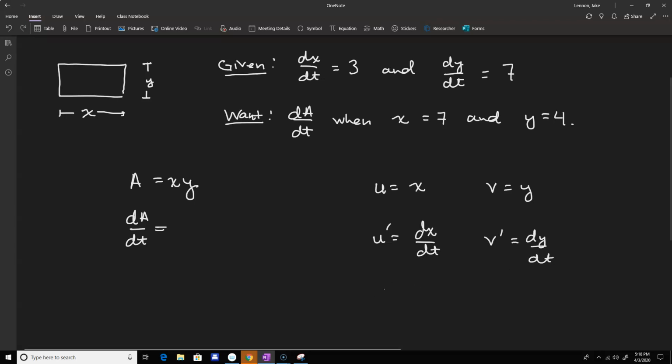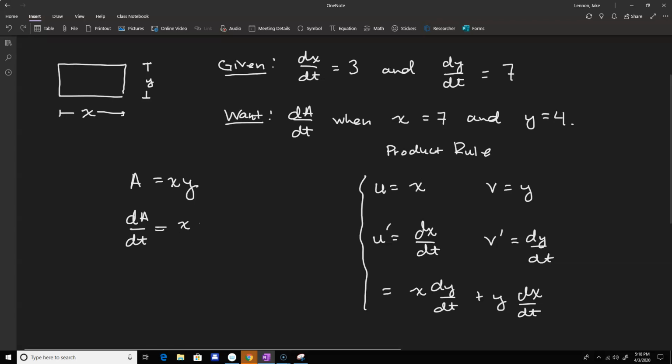So we get our derivative of that side would be x times dy/dt plus y times dx/dt. So that's what we replace on the right-hand side over here. So this is the use of the product rule for derivatives.